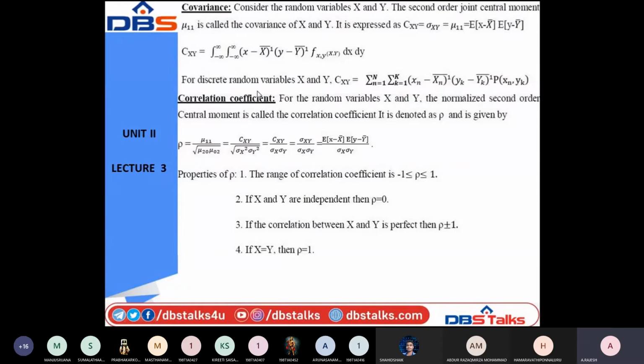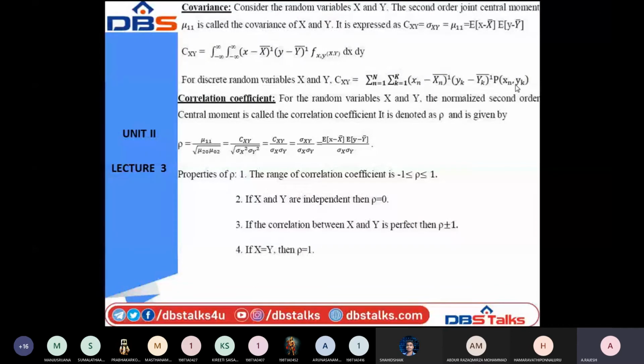For discrete random variables x and y, Cxy is equal to the sum over n equals 1 to N, this is for x, and the sum over k equals 1 to capital K, this is for y, of xn minus xn complement whole to the power of 1 into small yk minus capital yk complement whole to the power of 1 into the probability of capital Xn, yk.